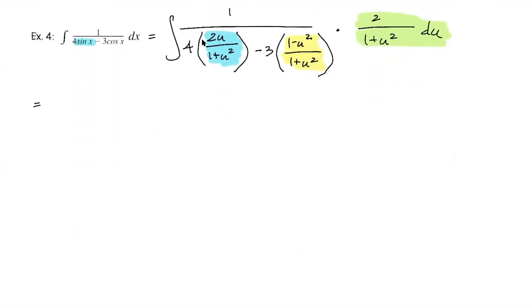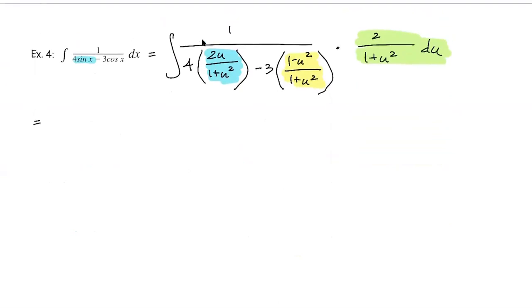Okay, so here's what I'm going to do, okay? I'm going to distribute this 4 to that fraction, the 3 to this fraction, okay? And then I notice that this denominator in the blue fraction is the same as the denominator in the yellow fraction. And so once I distribute, I'm also going to write this as a single fraction.